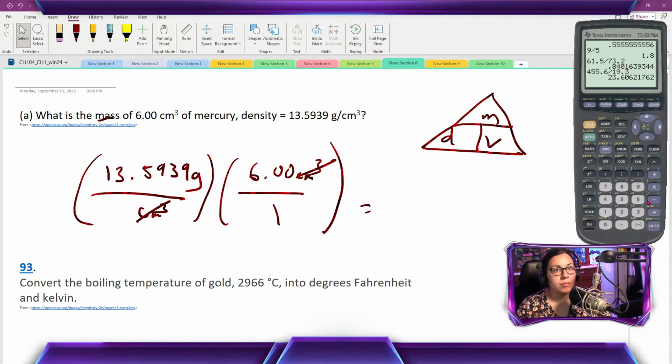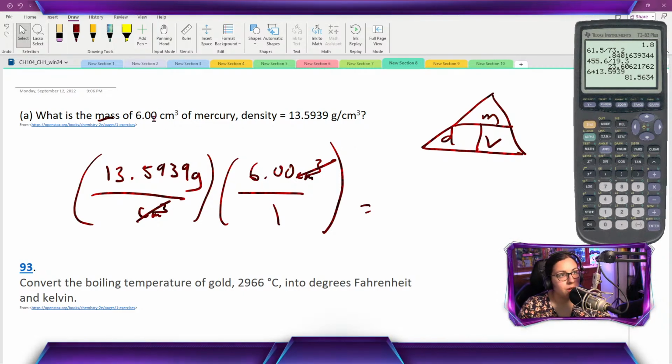So 6 times 13.5939. And so I get a mass of, and we need to report it to 3 sig figs based off of this volume. So that would be 81 point, and so I'd round up to 81.6 grams.